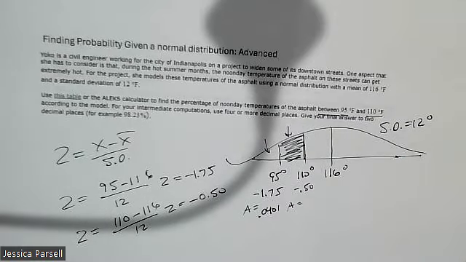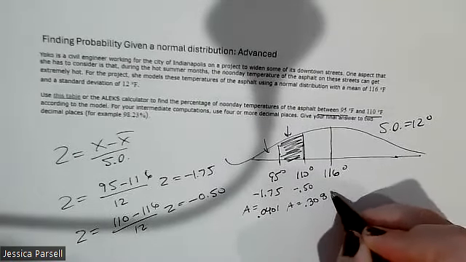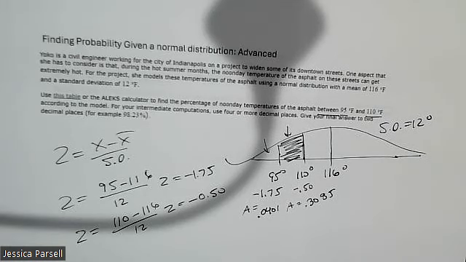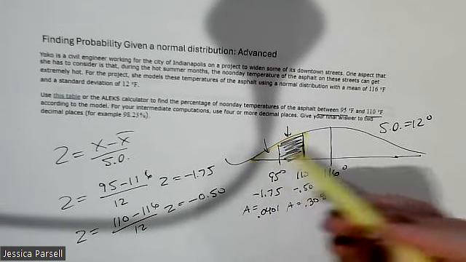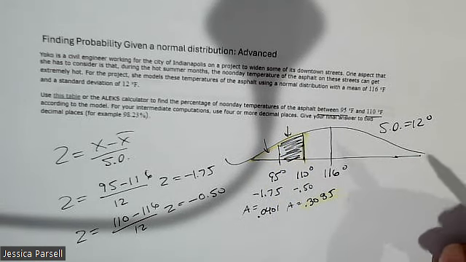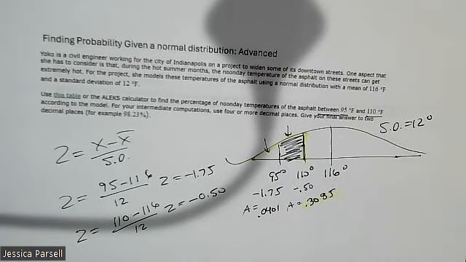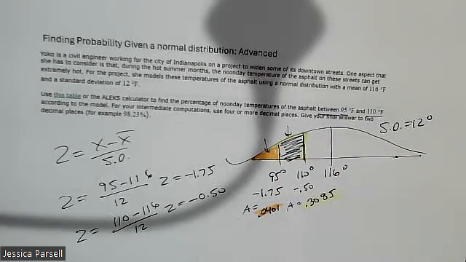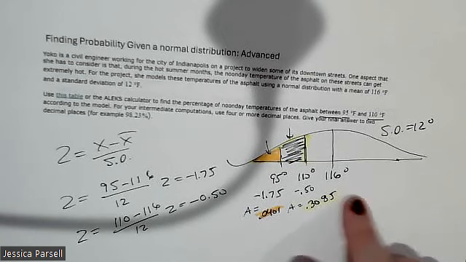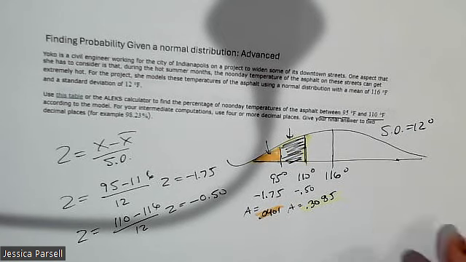So for the big picture, this piece right here is about 31%, and this piece right here is 4%. We want the piece in between, so it's the difference between 30% and 4%. Roughly 31 minus 4% is what we're looking for.